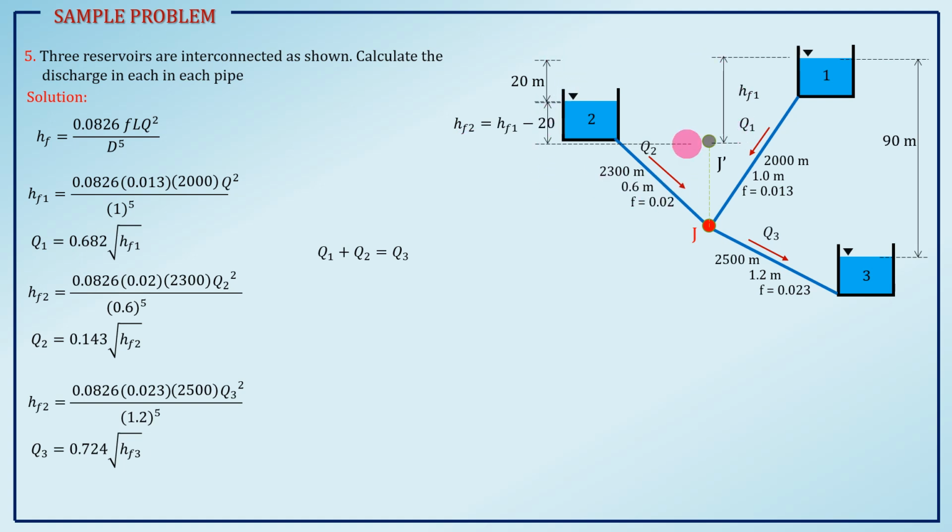This is to lessen the unknowns in our equations. We have many equations: 1, 2, 3. We only have three equations, but we have 6 unknowns. So, these are the relationships we can use from the figure of the reservoirs.